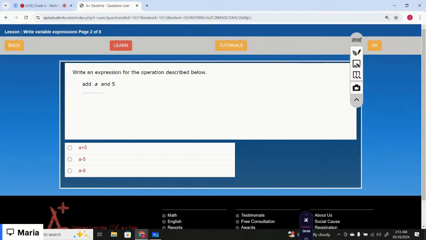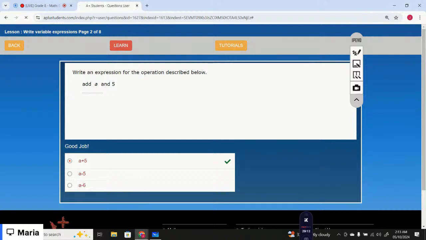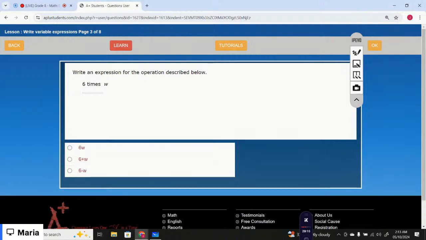That is add a and 5, so option number 1 is the correct option. Yes, very good. Okay, the next one is 6 times w. So which is the correct option? Times means they are multiplying. So yes, option number 1 is the correct option. Got it?